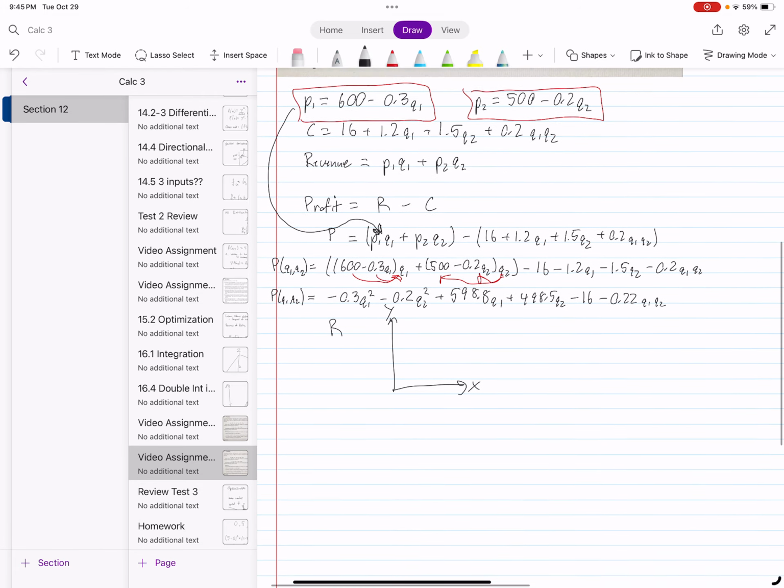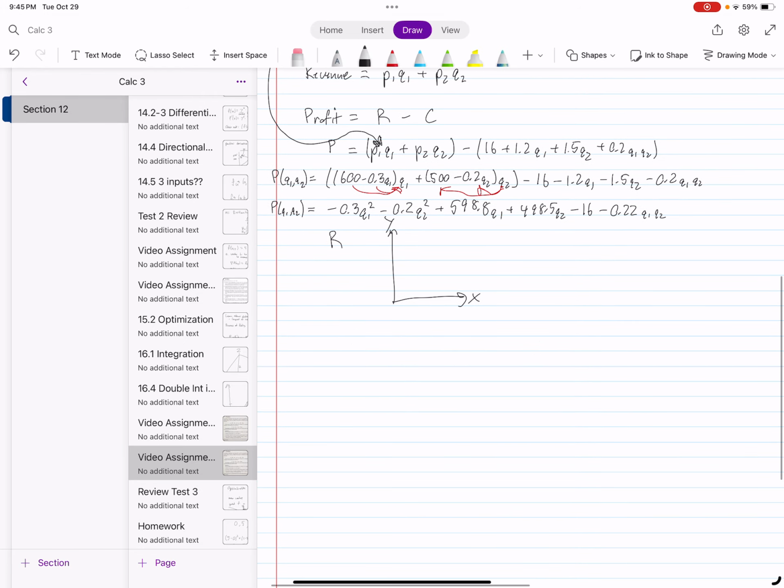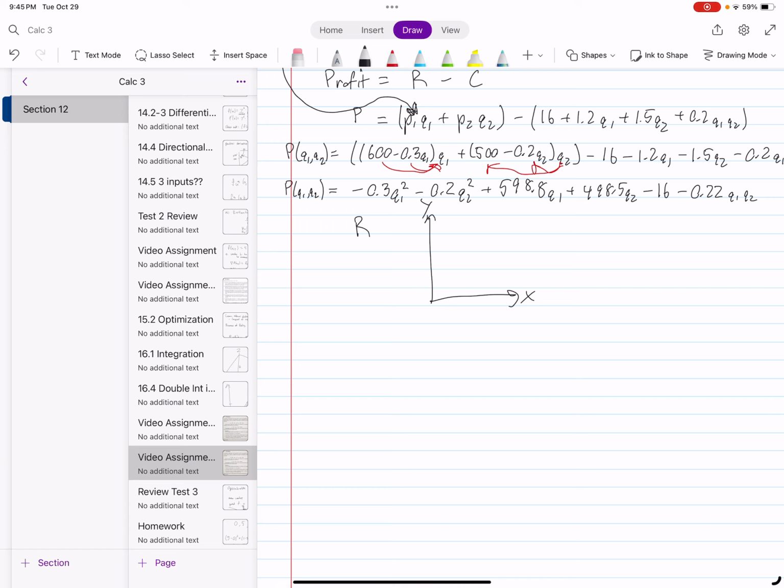So in order to find the critical points, we will take the derivative of the function. So derivative of P with respect to Q1, we get that to be negative 0.6 Q1 plus 598.8 minus 0.22 Q2.